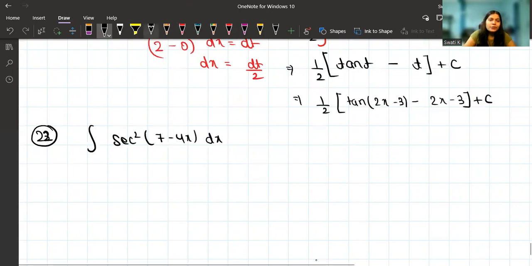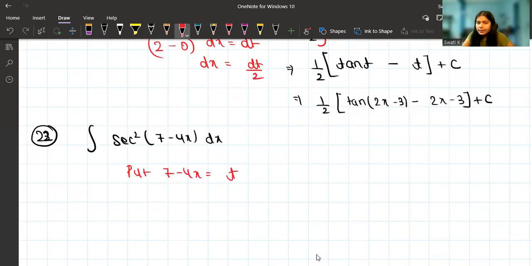So simply you need to substitute here 7 minus 4x as t. It's very simple. The derivative of 7 is 0, so that is 0 minus 4 is outside. Derivative of x with respect to x is 1. And then of course dx equals dt. So clearly dx will become dt upon minus 4.